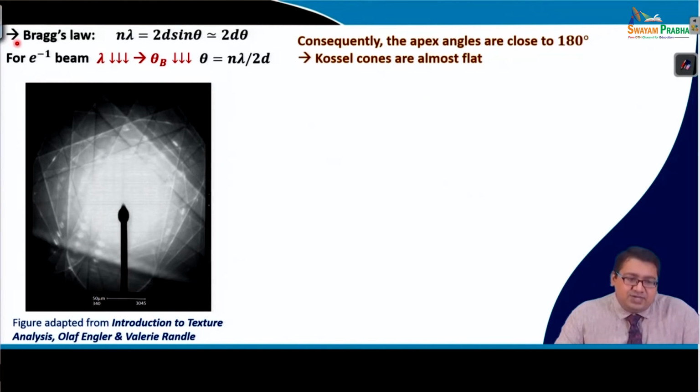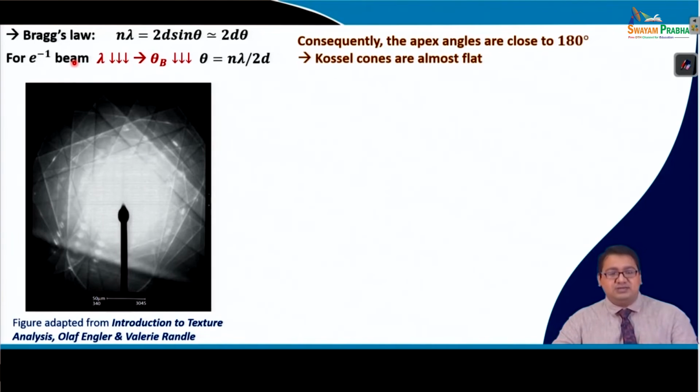So, as I said, if we look into Bragg's law, and we have learned this in the last class also, that n lambda is equal to 2d sin theta. But as theta is so small, because lambda is also so small for the electron beam, we can say that n lambda is equal to 2d theta.